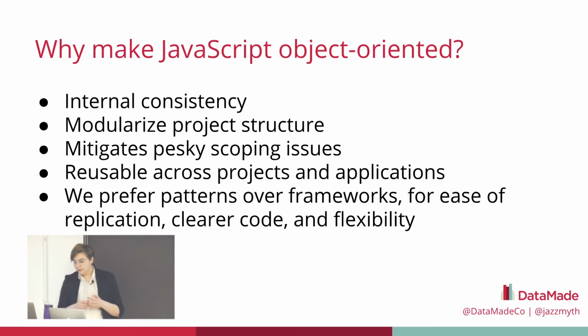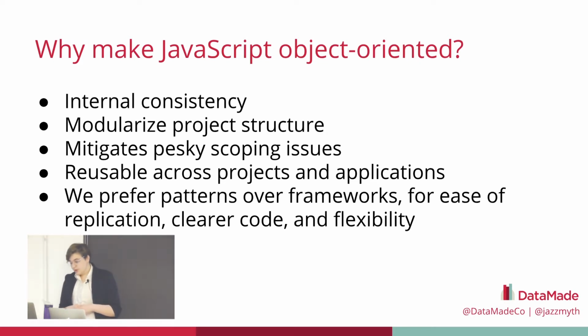We wanted to organize our JavaScript in similar ways to our Python code, both for internal consistency and also when we are teaching. DataMade trains junior developers, and this is an easy way to make sure that they're learning specific patterns that can be applied across the stack.